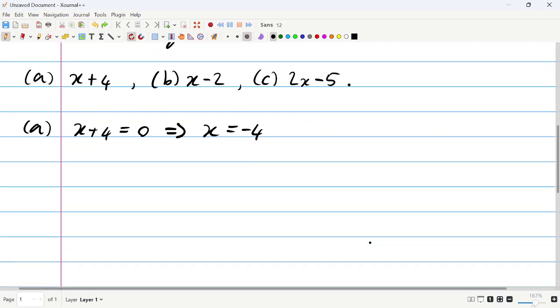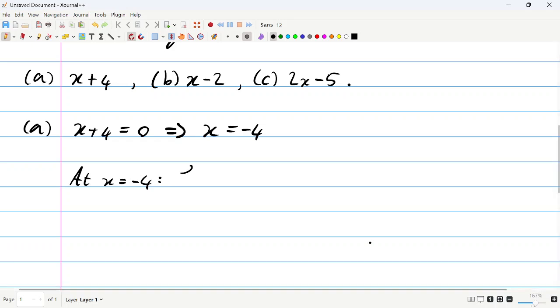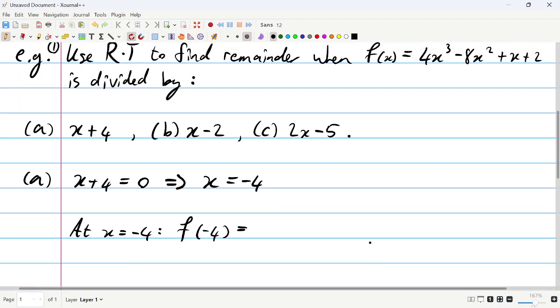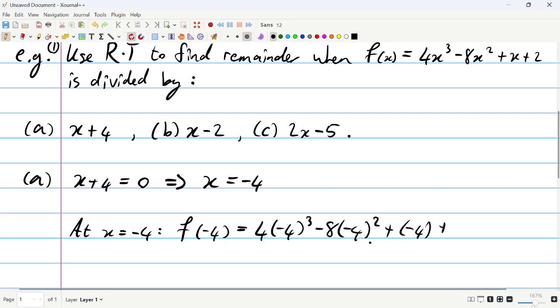In that case, if we say f of x at x equals negative 4, then f of negative 4 is going to be equal to what? We're replacing x with negative 4. Everywhere we see x in the function, we replace it with negative 4. So it's going to be 4 multiplied by negative 4 raised to the power of 3, minus 8 multiplied by negative 4 raised to the power of 2, plus negative 4, plus 2.